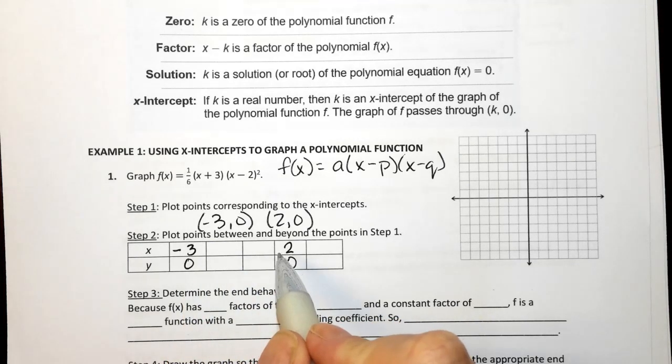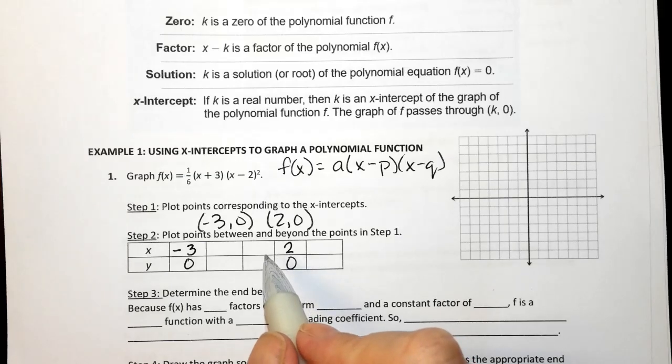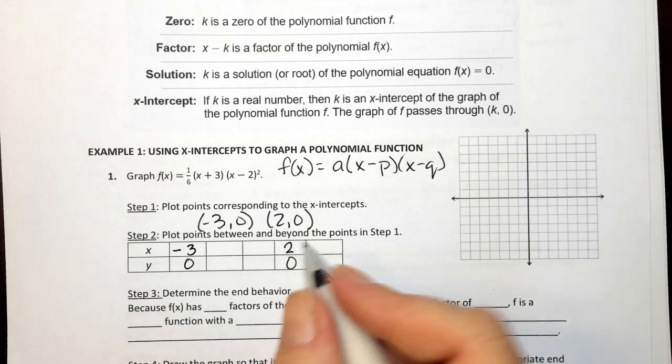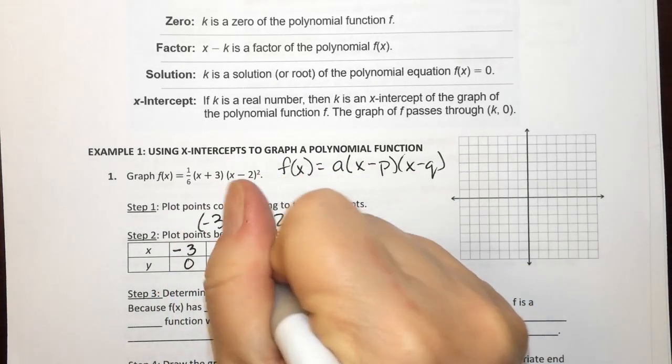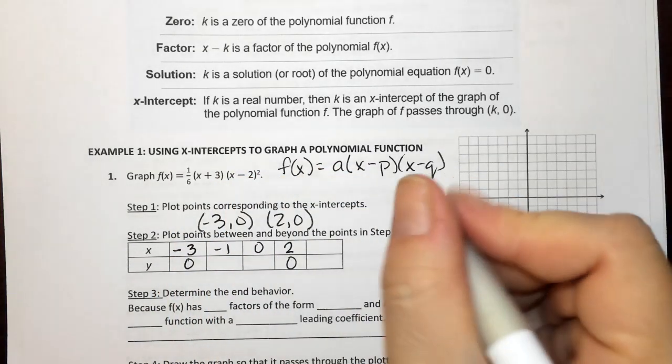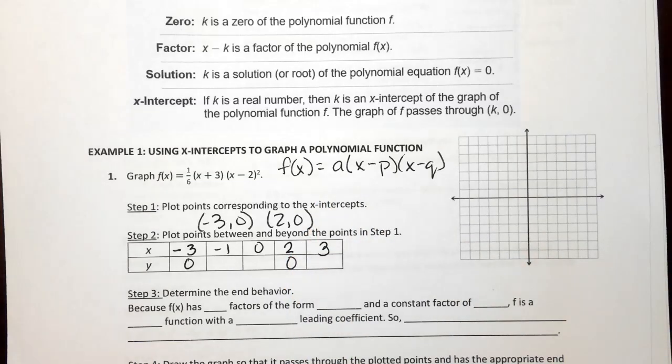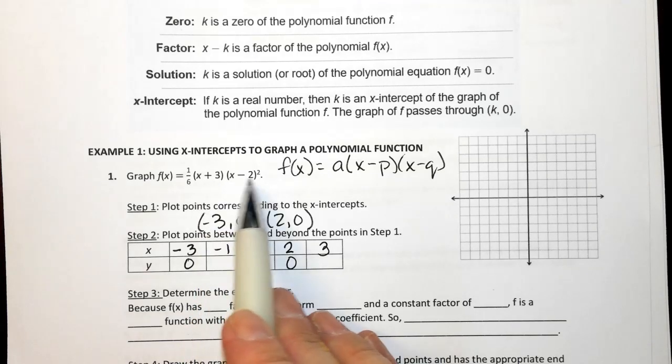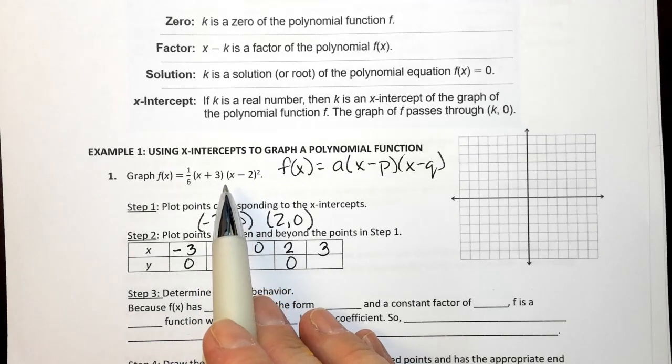We have negative 2, negative 1, 0, 1, there are multiple ones. So we could say negative 1, we could say 0, and let's say 3 for this one. Then how do you find the y values? You substitute the x value into the equation and solve for y.